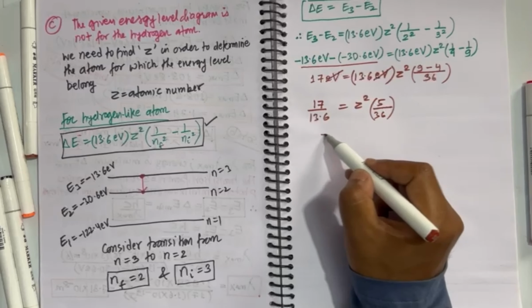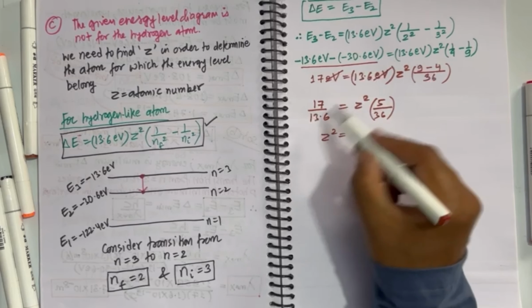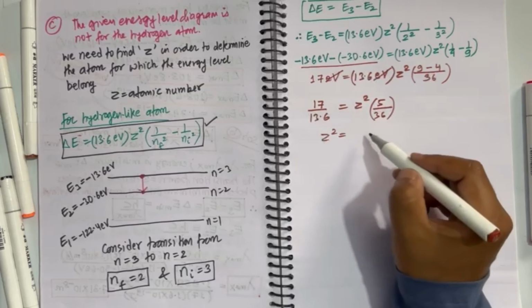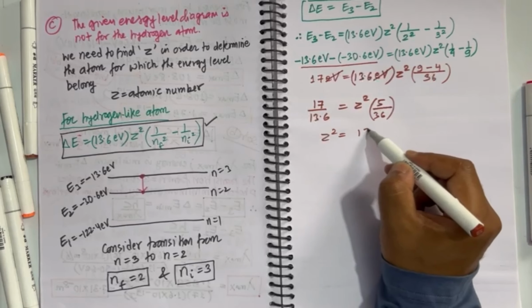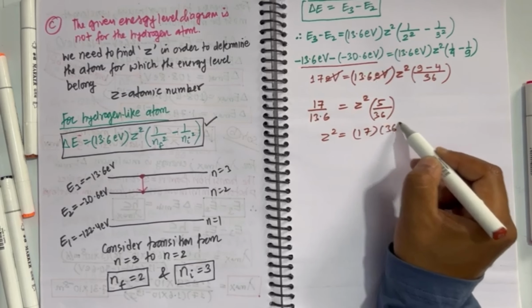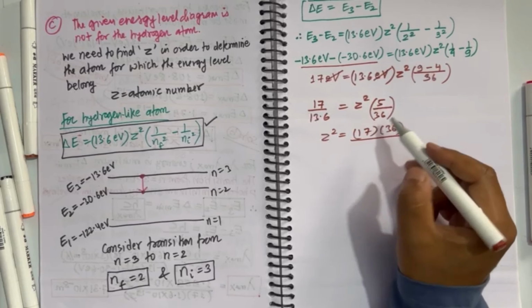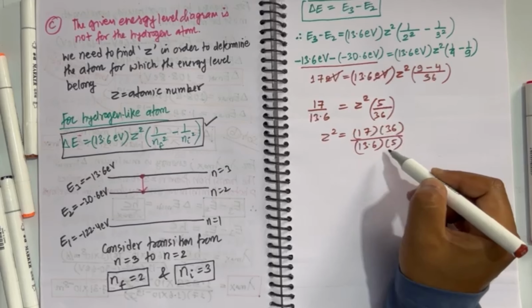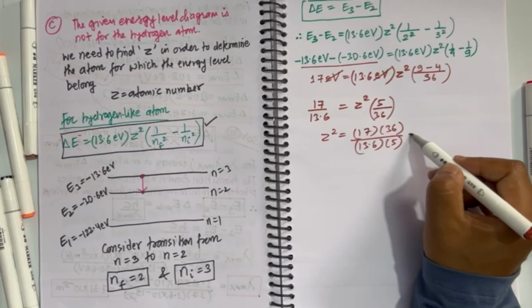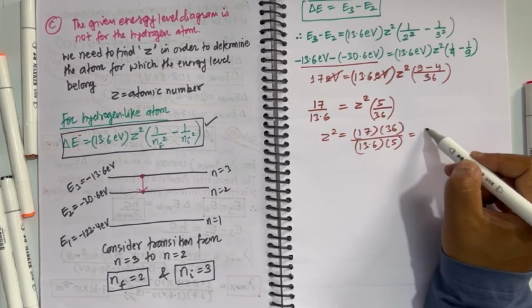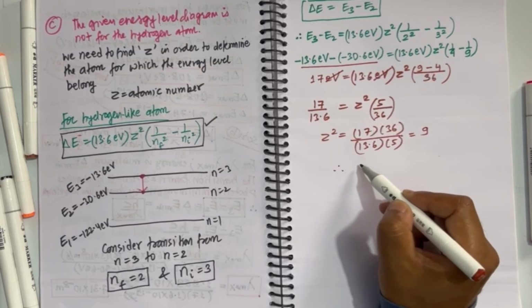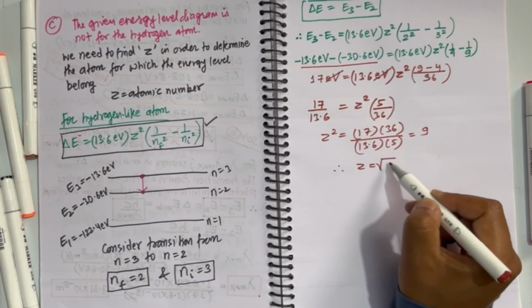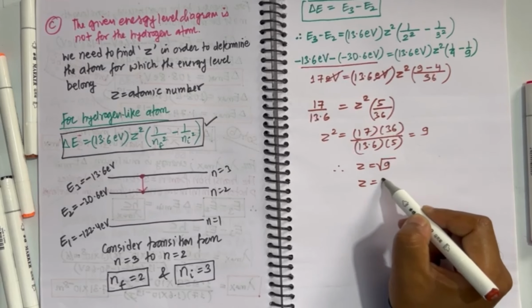Now let us find Z. Before that, let us do some simplification. We have 17 times 36 divided by 13.6 times 5, which after simplification gives 9. Therefore Z equals under root 9, so Z equals 3.